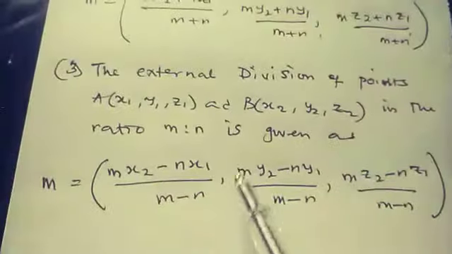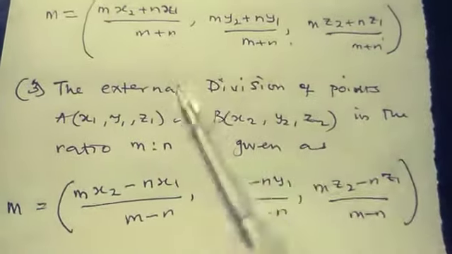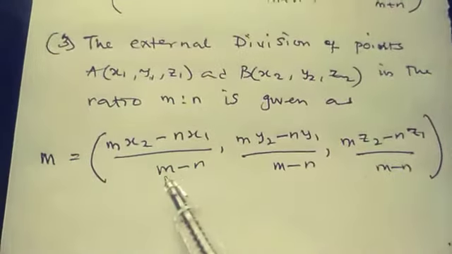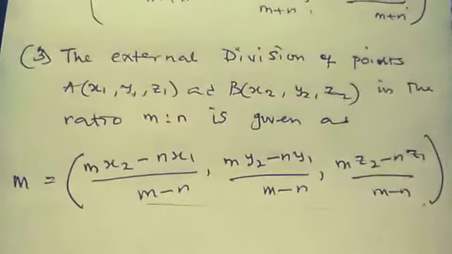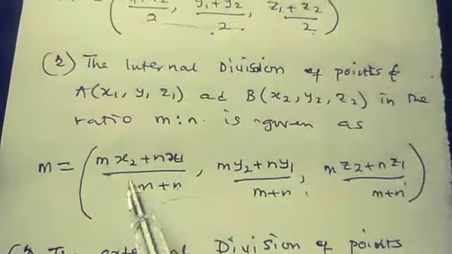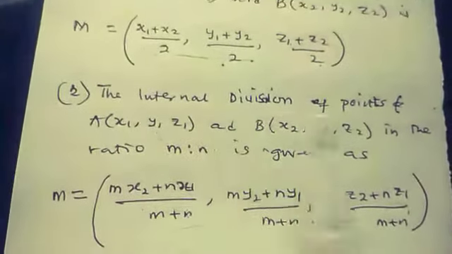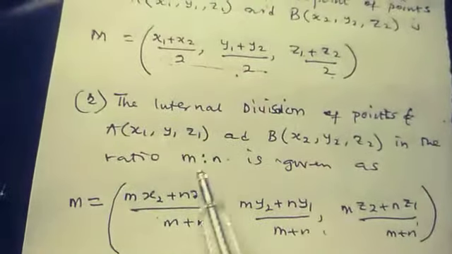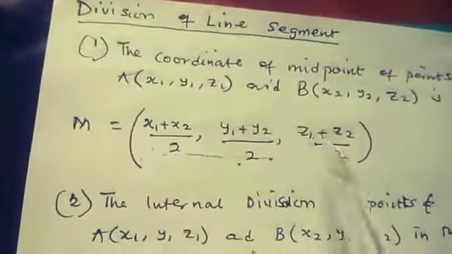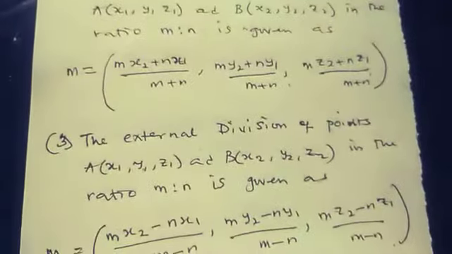And finally, the external division of a line segment joining points A and B in the ratio m to n is given as this. So we need to take note of everything. This is the formula for finding the division of a line segment. This is a point that divides this internally in ratio m to n, and this one is the coordinate of the midpoint. So let's take an example for this.